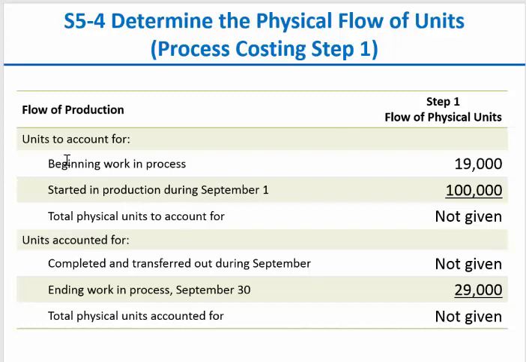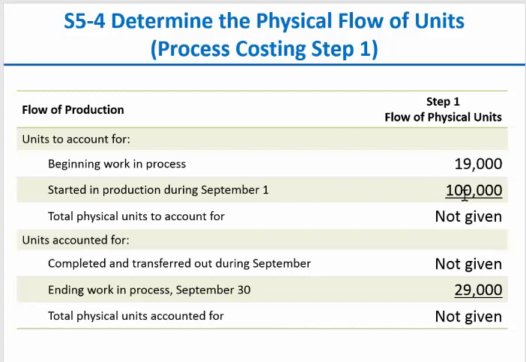On this PowerPoint slide, first of all, you're going to take a look at units to account for. Units to account for is basically the total number of physical units I am going to study. In this case, you always look at the beginning work in process and also the new production. So you have 19,000 units left from the prior month, and also you plan to work on an additional 100,000 units.